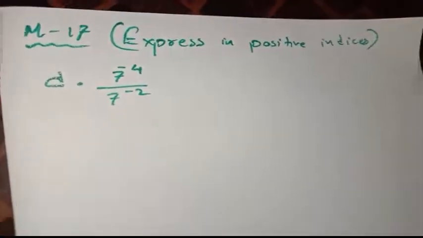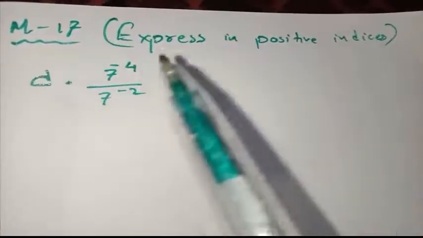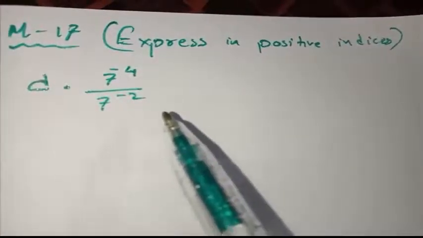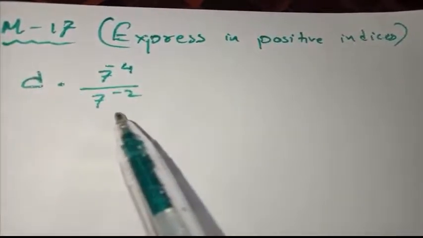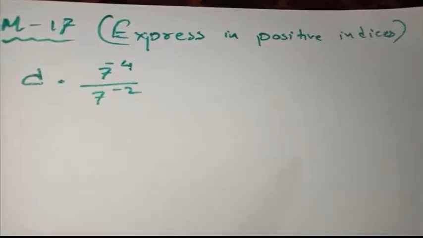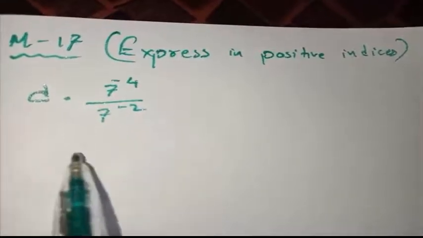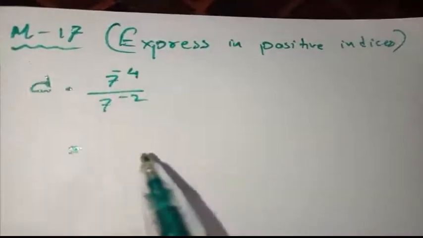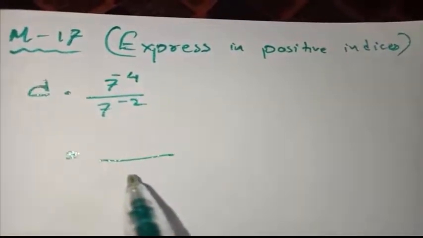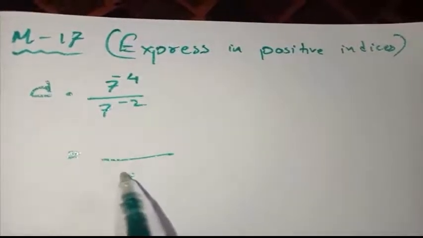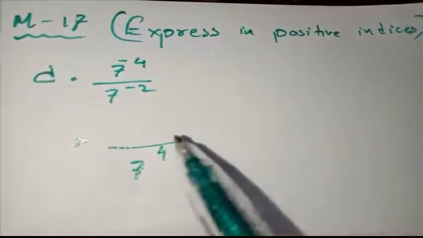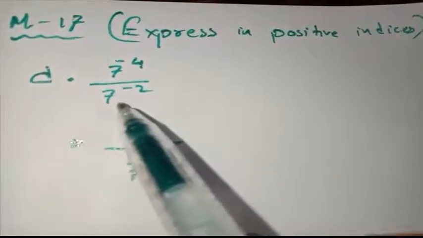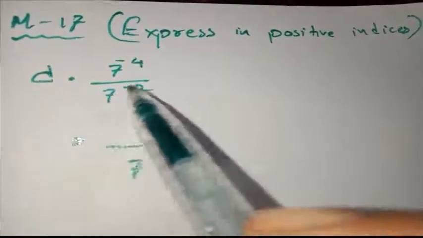Now let us move on to module number 17. Express in positive indices. That means whatever the question is given, we have to find an answer such that this will be represented with a positive power. Now see, 7 to the power minus 4. If we want to convert this minus 4 into 4, it will come down. That means it will become the denominator and it will become 7 to the power 4. And here 7 to the power minus 2, if we want to make it 7 square, then this will go up.